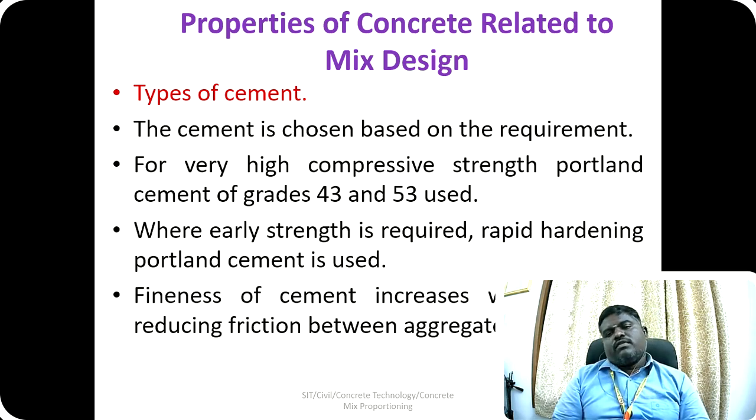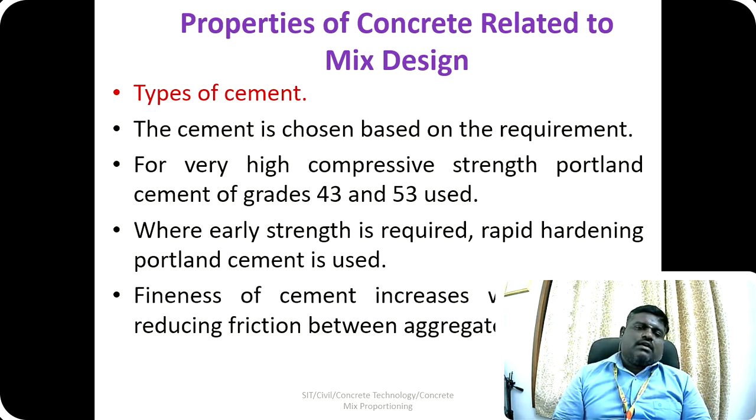Or if you want rapid hardening Portland cement, then you can achieve early strength concrete. Whenever the early strength of the concrete is required, then you can go for rapid hardening cement. Similarly, based on the properties of the cement, our mix design is going to be affected.